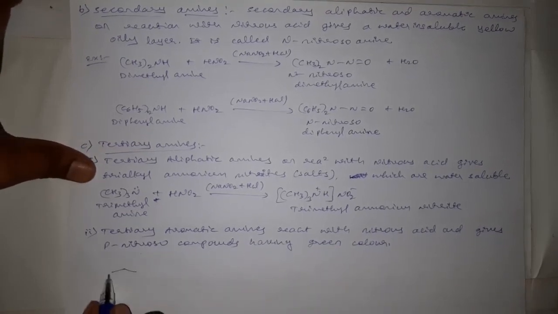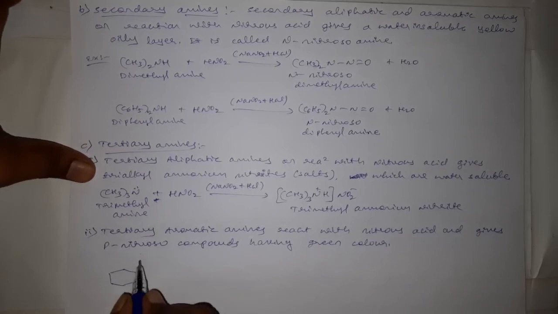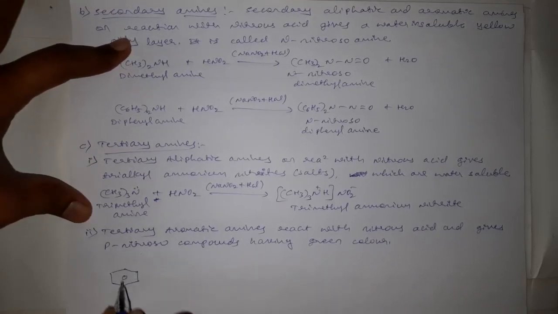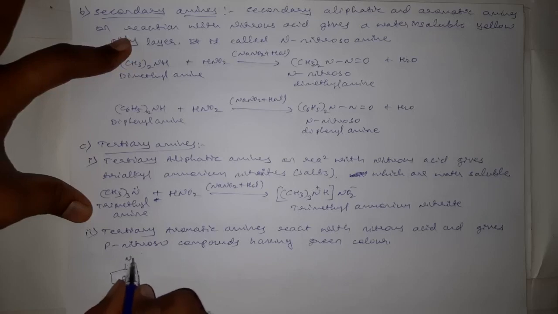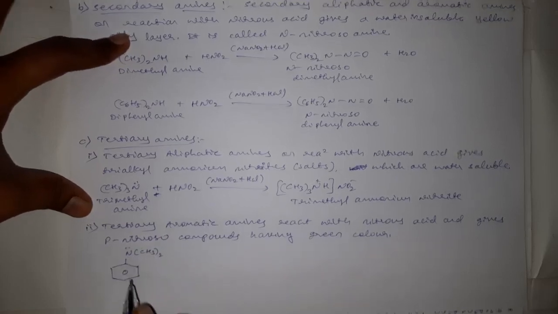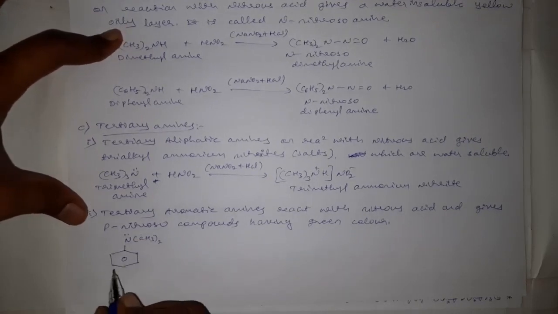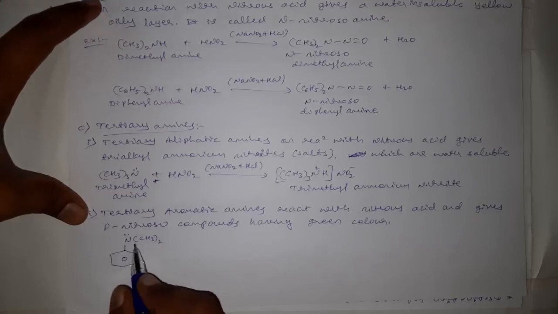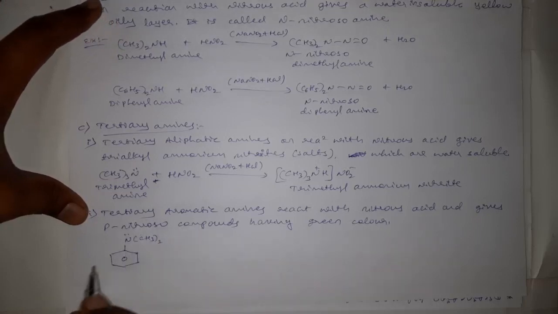See, for tertiary aromatic amines, we can write C6H5N(CH3)2, as it is containing one nitrogen atom and one aromatic ring. It can be an example of an aromatic amine.